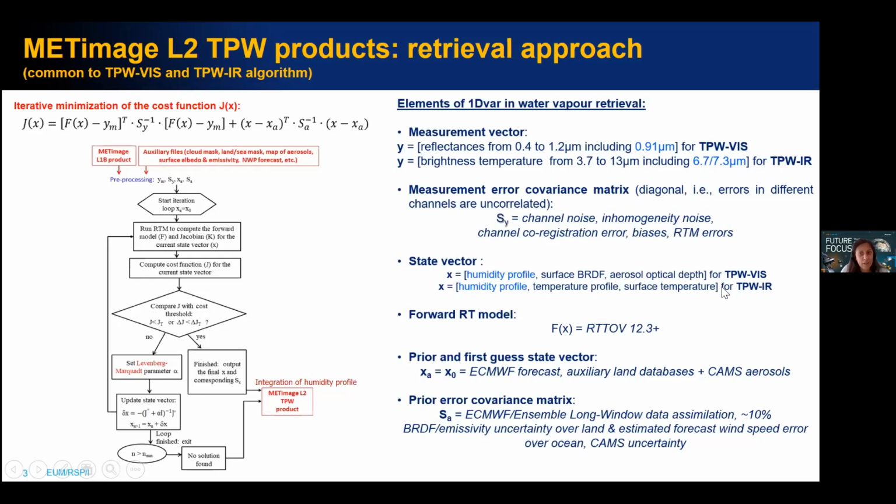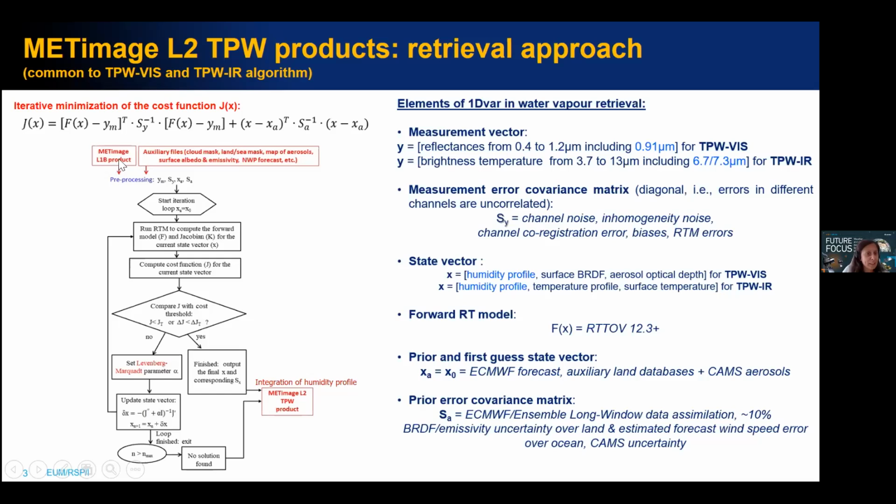And in the case of the infrared, the water vapor profile is retrieved together with the temperature profile and the surface temperature, because we have this emission contribution from the surface and atmospheric layers. The forward model in both cases is RTTOV. So RTTOV provides the simulated radiance depending on the input value of this state vector. And the initial values for the state vector and associated error are taken, of course, from the ECMWF forecast.